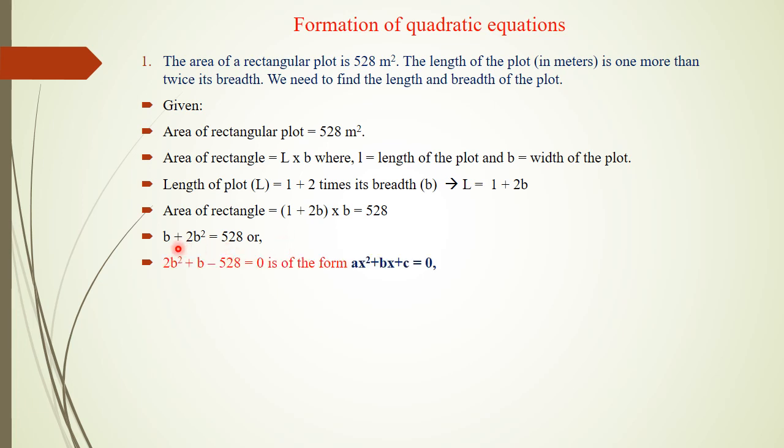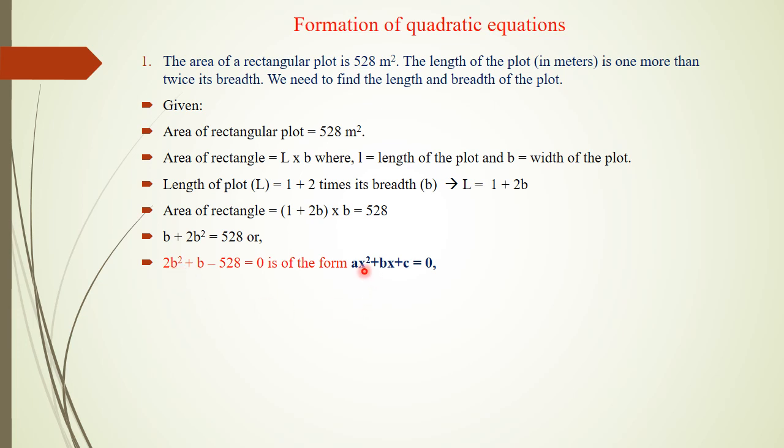Now 2b square plus b minus 528, when I rearrange this equation, that will become 2b square plus b minus 528 is equal to 0, which is of the form you can observe here, ax square plus bx plus c is equal to 0. You can observe that here instead of x square it is b square, because the variable can be any English alphabet, that is A, B, C up to Z, anything it can be.